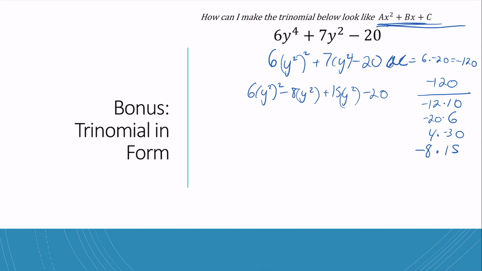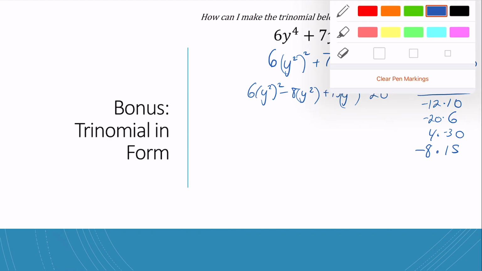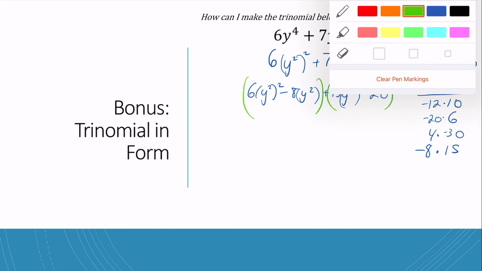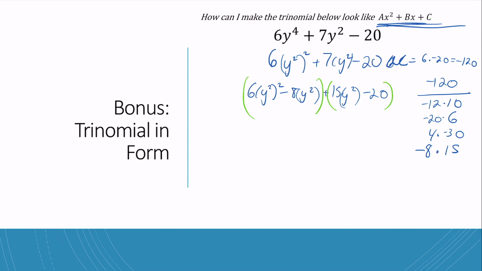And then we can factor by grouping, and there's going to be a lot of parentheses involved, right? So these are my two groups, changing colors for clarity. The greatest common factor in my first two terms is going to be a 2y squared. That leaves me with y squared minus 4. My greatest common factor in my second group is going to be a 5, y squared minus 4.